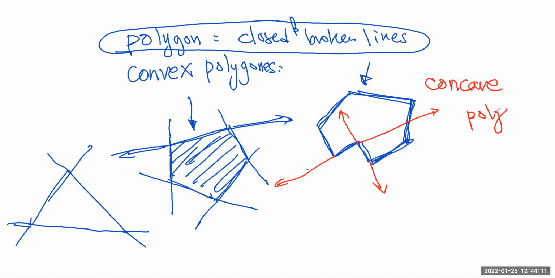Good? Yeah. And the one we are studying mostly is the convex polygon. Even though we can also study the concave polygons, most of the time we study convex polygons. And the quadrilaterals we are studying mostly means pretty much focused on the convex polygon.